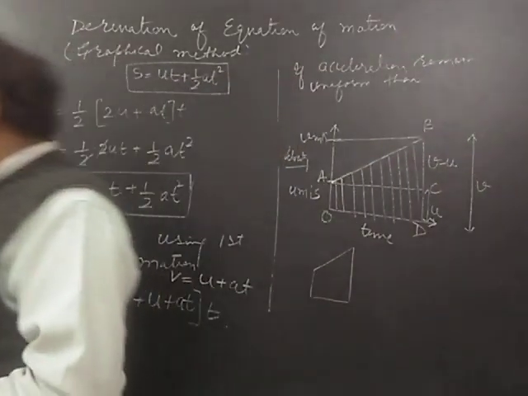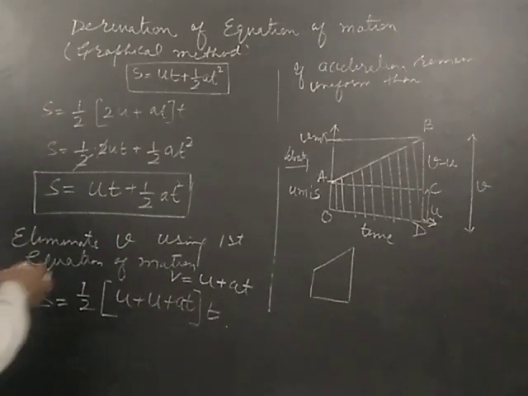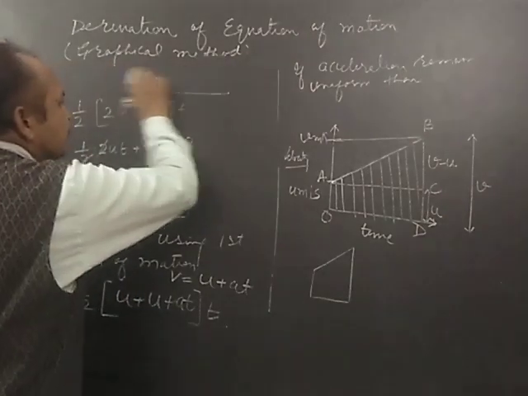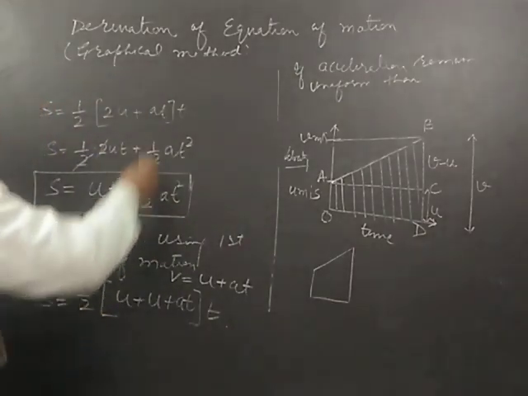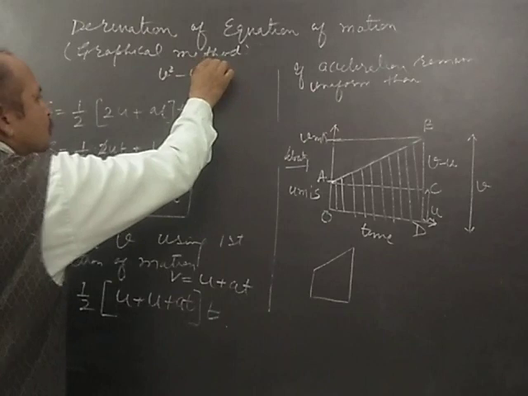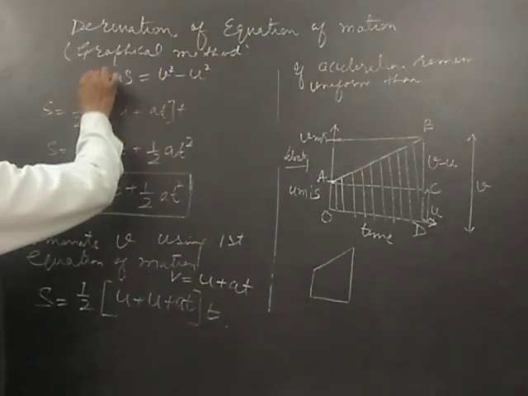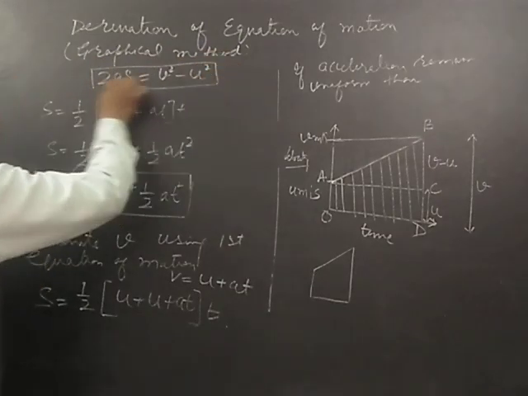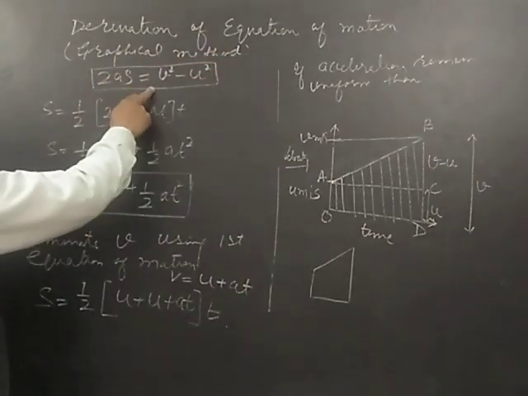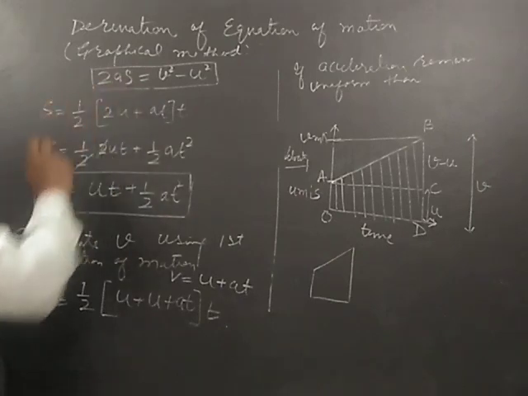Again, you can see that the third equation of motion, which is v square minus u square is equal to 2as, is also talking about distance.